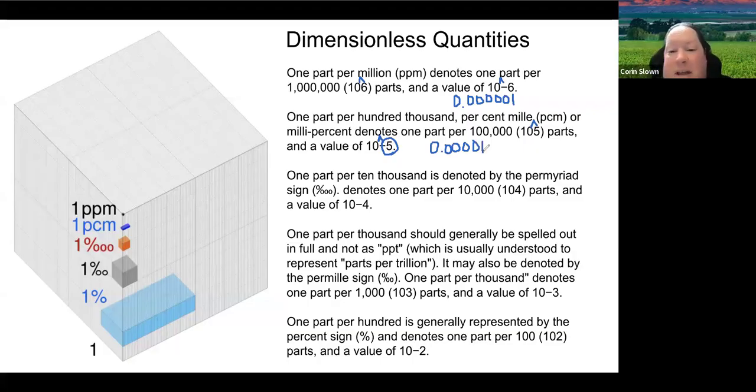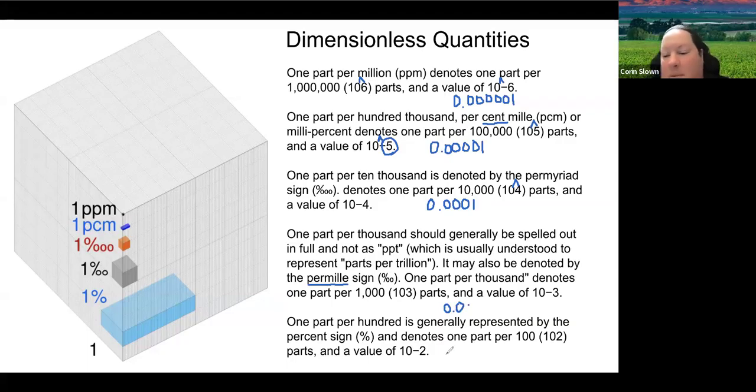And this is going to help us as we build out that table. 10 to the 4, 3 zeros, and a 1. And then parts per thousand, this is the per meal. Notice the difference here is percent meal, whereas here is per meal. So that's going to be 0.0001.